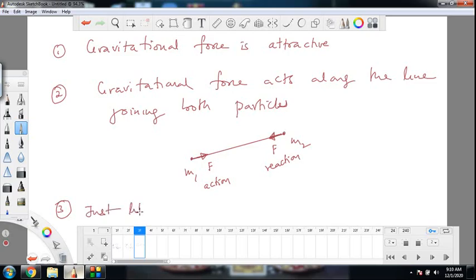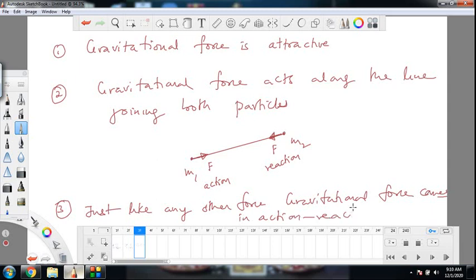So just like any other force, gravitational force comes in an action reaction pair. Both action and reaction have the same magnitude but opposite direction.